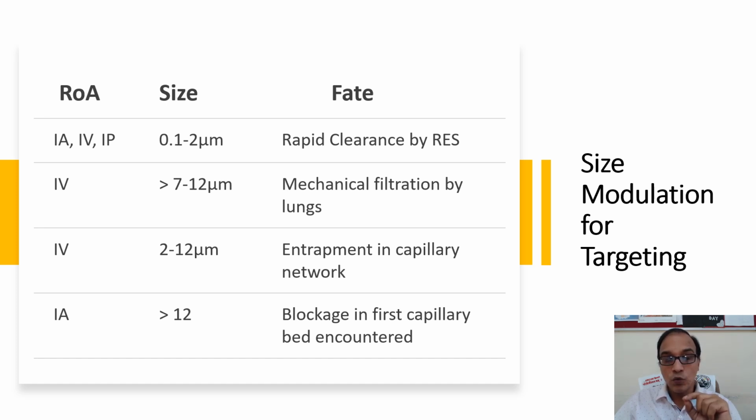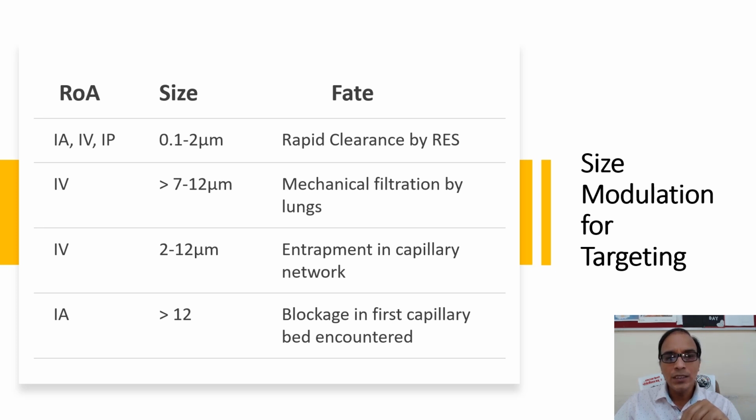So it can be used for lung tumors, for targeting the drug to the lungs. Again with the IV route, if the particle size ranges from 2 to 12 micron, then entrapment in the capillary network can be done. So we can target the capillary network here.